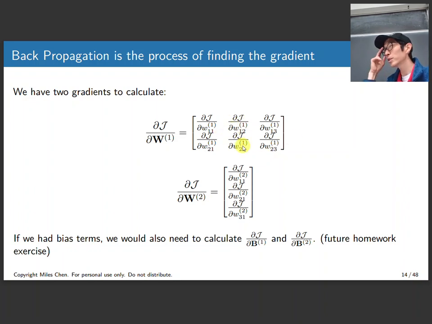So one thing to keep in mind is that the gradient will always have the same dimensions as whatever vector or matrix you're finding the gradient with respect to.